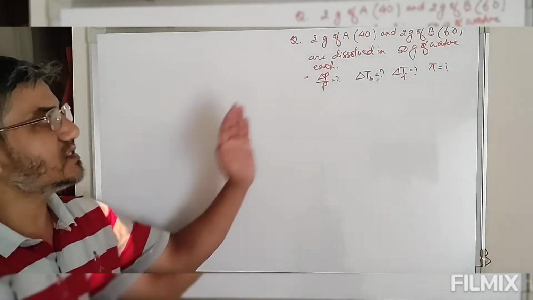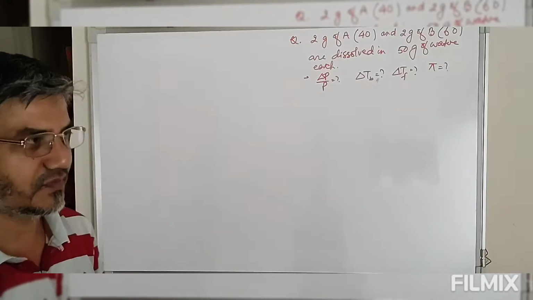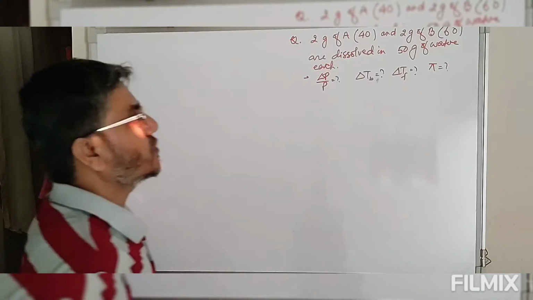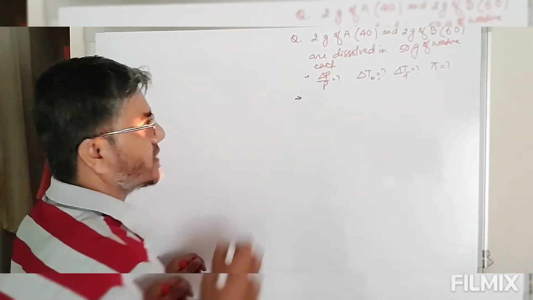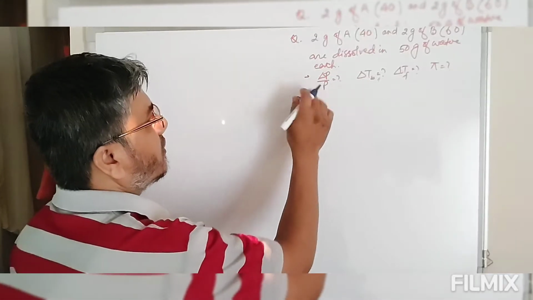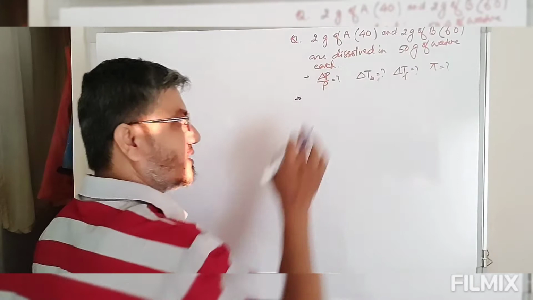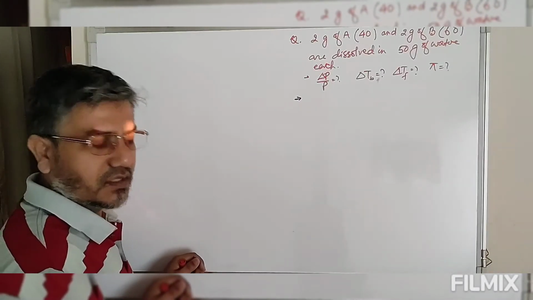Now we have to just compare these colligative properties. While discussing colligative properties, I told you. Now look at this. Mass of A and B are same. Mass of solvent is same, but the molecular masses of A and B are different.